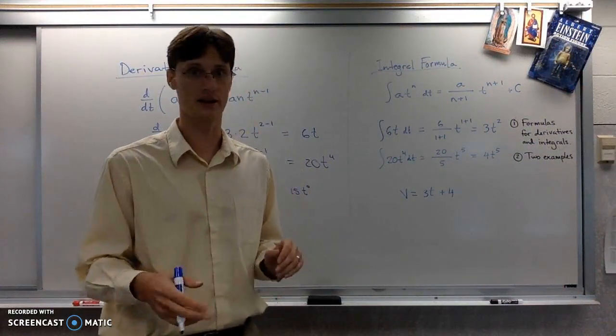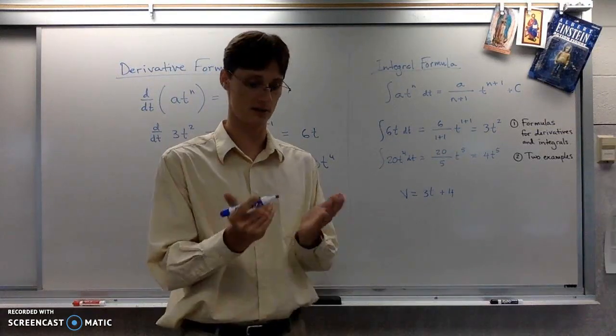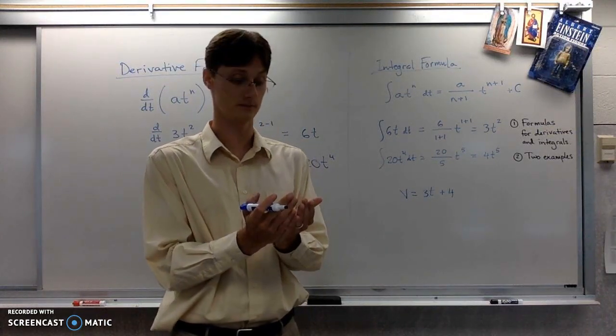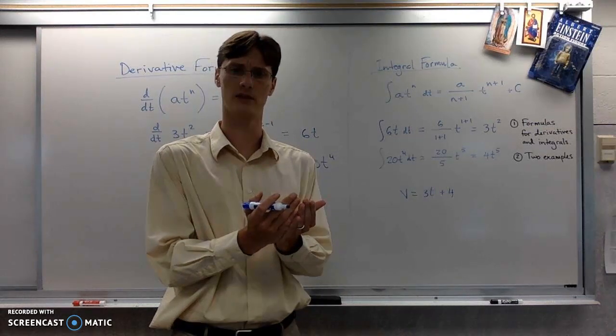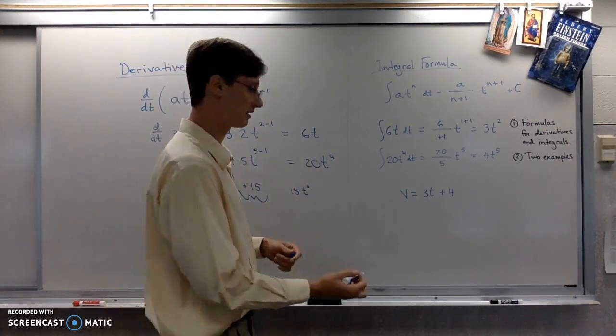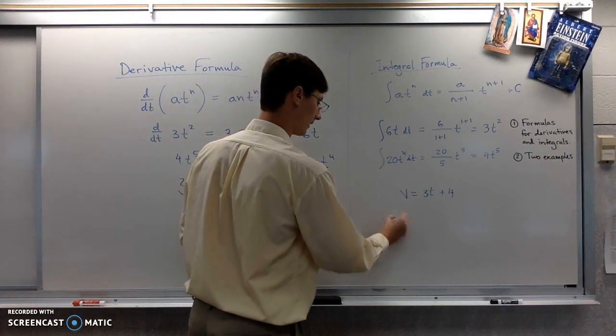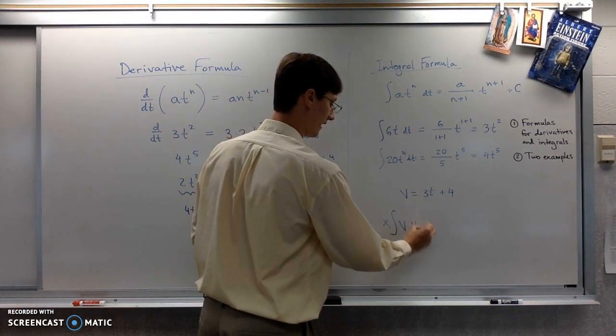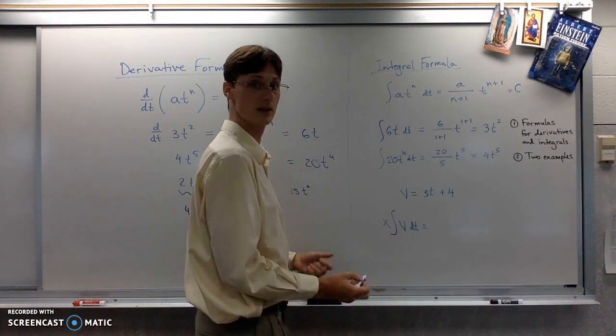That'd be the first step. All right, if you're not sure, then you'd look back at your notes and you'd say, my notes say position is the integral of velocity. This is the velocity function, so if I want position, I'm going to take the integral of that, because that's what I do.